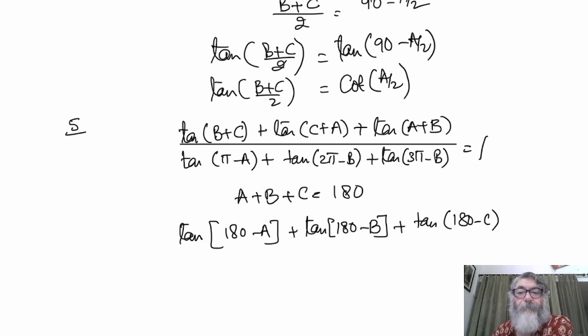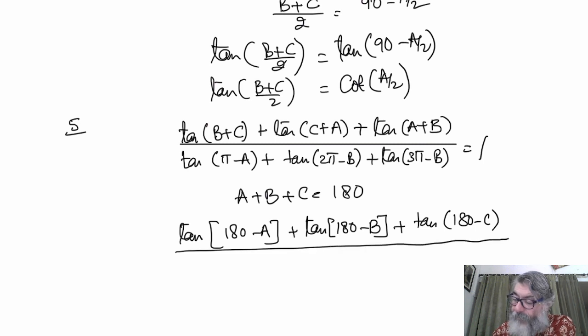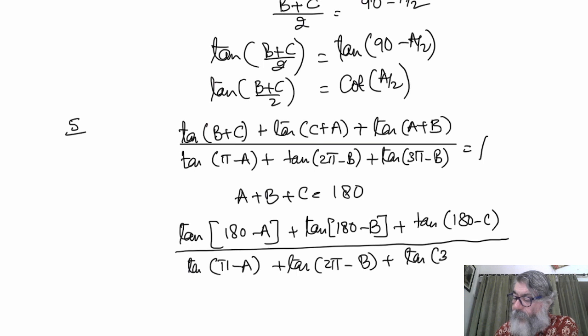In the numerator, B plus C will become 180 minus A, C plus A will become 180 minus B, and A plus B will become 180 minus C. And in the denominator, I have tan(pi minus A), which is the same as 180 minus A, plus tan(2 pi minus B), plus tan(3 pi minus C). Now let us see what happens.